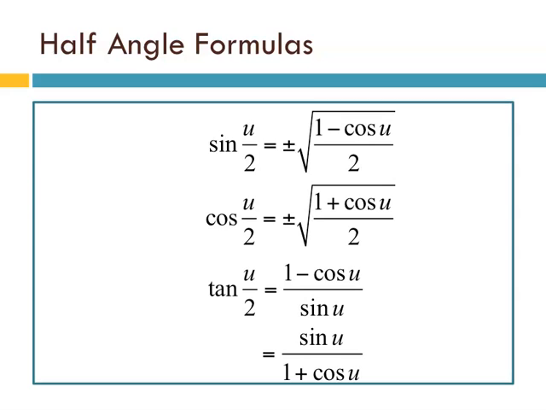So it would be positive square root of 1 minus cosine of u over 2. If u over 2 is in quadrant 3 or quadrant 4, then you know that sine is negative. So the answer would be negative square root of 1 minus cosine of u over 2. If you're working with an equation where you don't know what the value of u is, you would go ahead and substitute in plus or minus the square root. And sometimes things will end up canceling out and you won't have to worry about the plus or the minus.